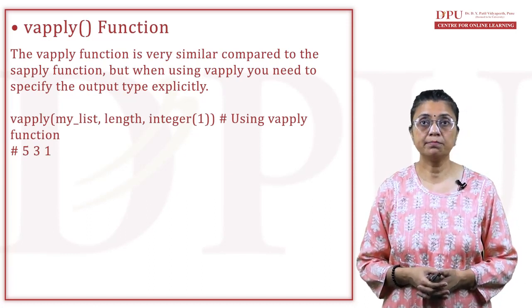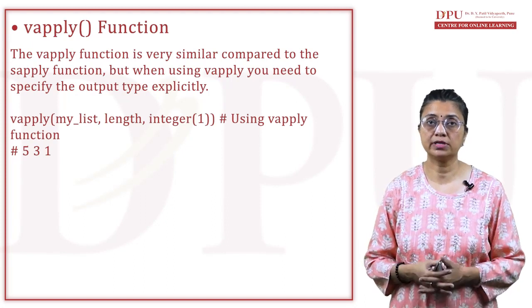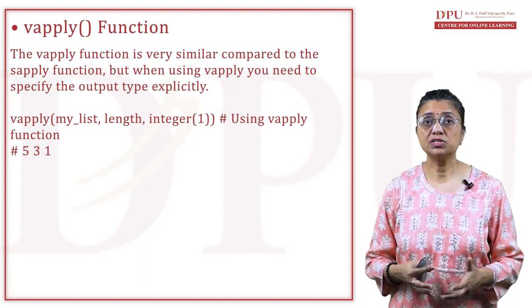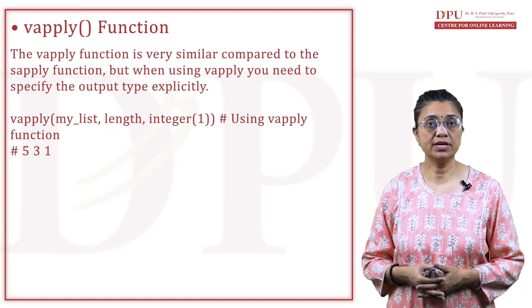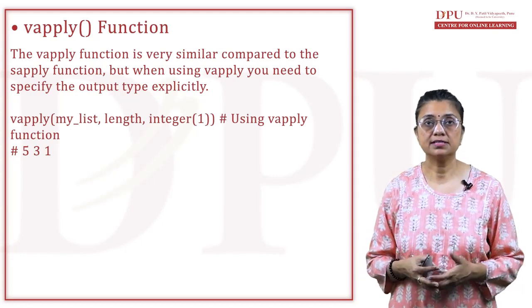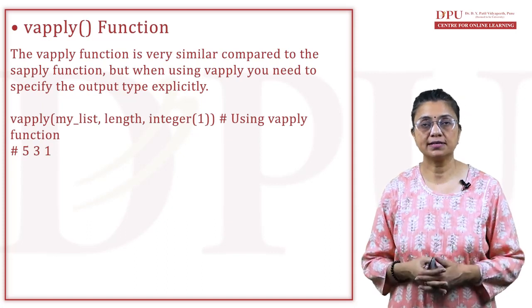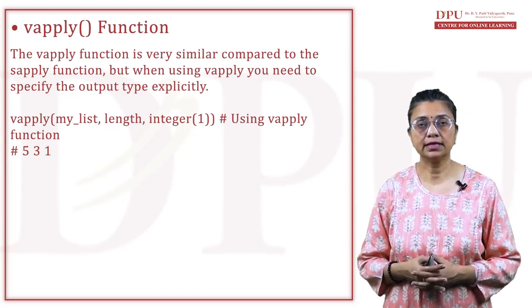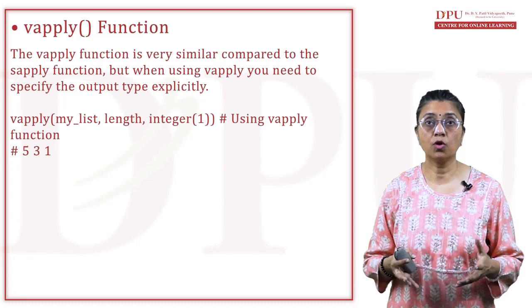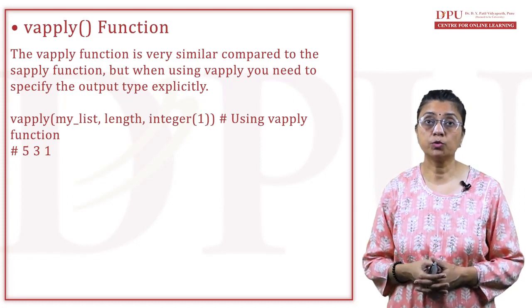But when using VApply, you need to specify the output type explicitly, which means that when I'm using a VApply function, when I'm giving my data, after the data I have to give my data type, that what type of data I want to take my output as.